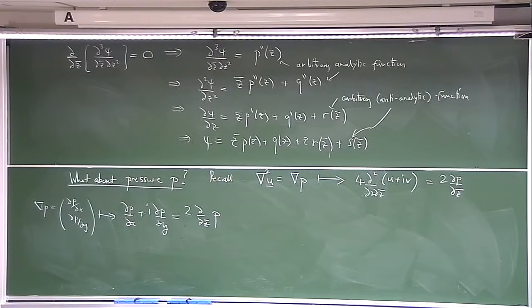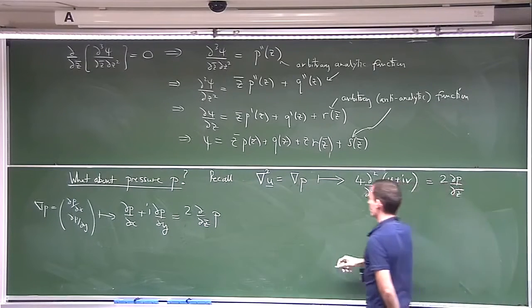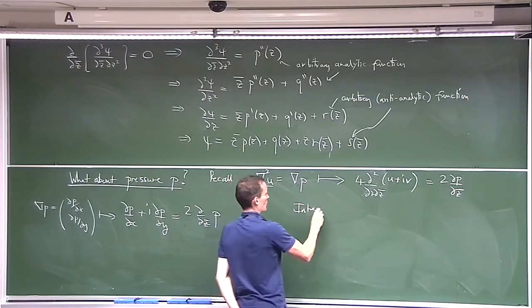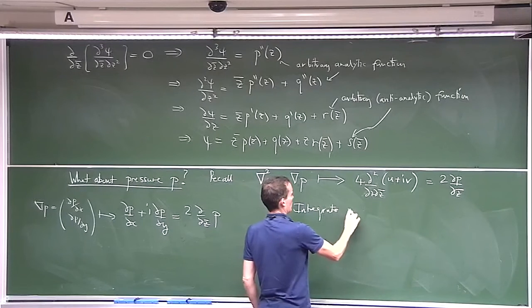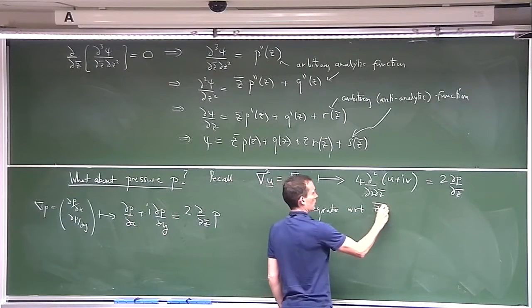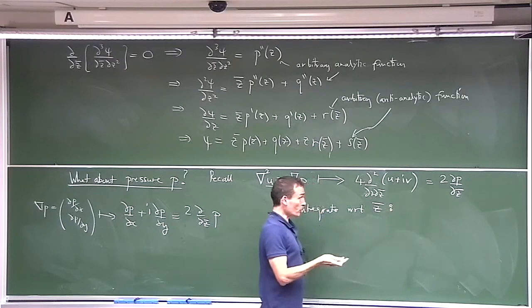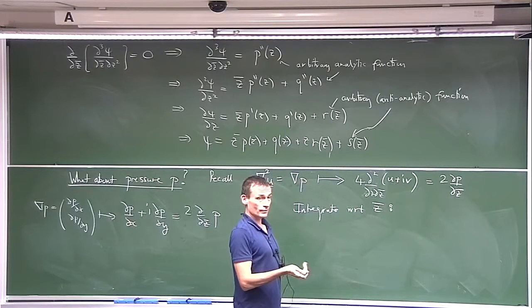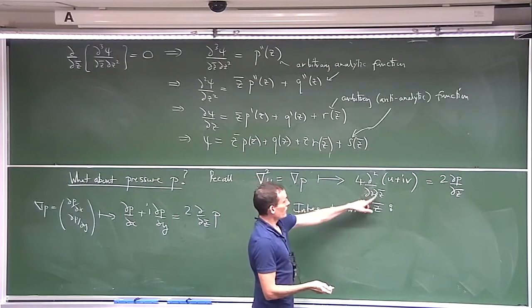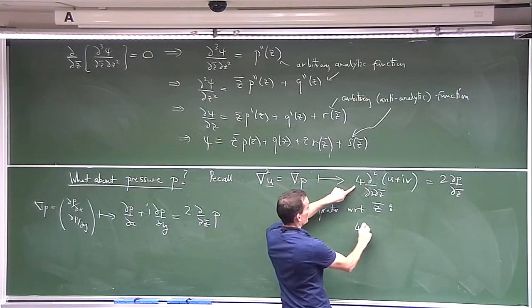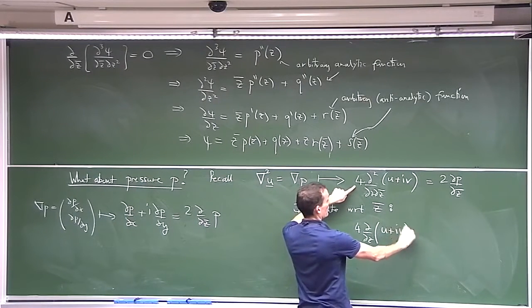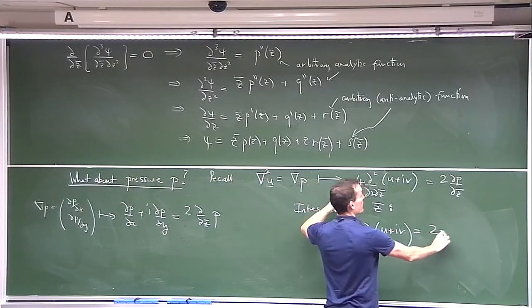We're trying to get p though, and this is, if you like, the gradient of p. But the nice thing about this, look, is we can integrate with respect to z bar. Look, there's z bar derivatives on both sides. Right? So what I'm going to get here is 4 ∂/∂z of u plus iv is 2p.